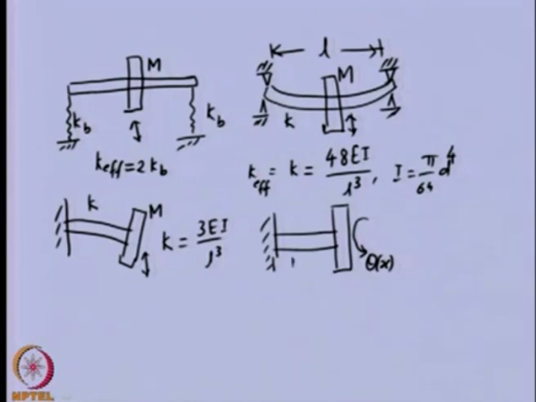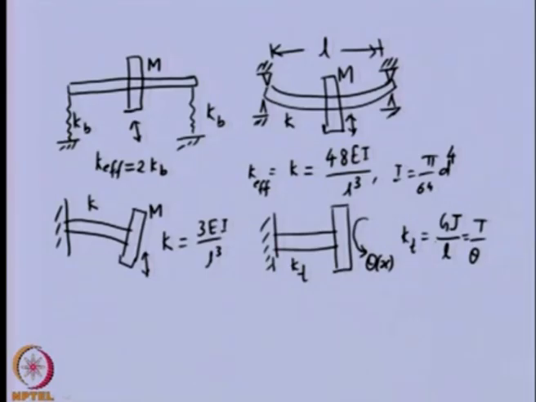In this case, the stiffness Kt will be given by a different expression. From strength of materials, we can write it as G J by L, which is nothing but T by theta. This is the stiffness. You can see that these are all single mass models.